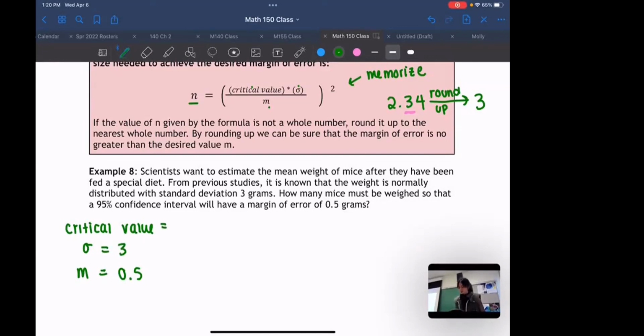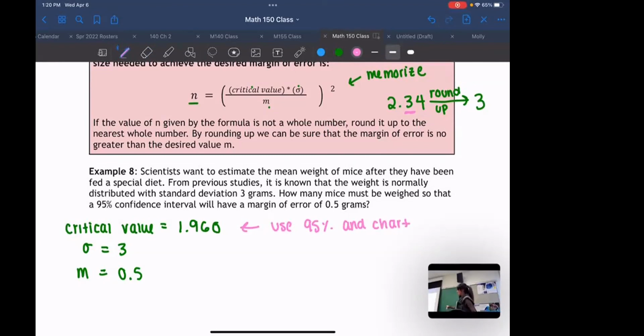What's the critical value? 1.960. How did you find 1.960? The chart, right? We weren't given the critical value in this question, but we could use the fact that we want a 95% confidence interval and the chart to figure this out.